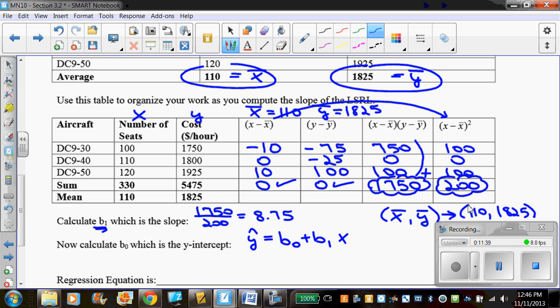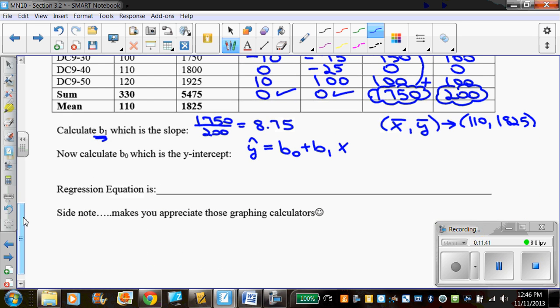Now, not very different from what you've learned in algebra. I'm going to take this 8.75, which is my slope, and put it in for slope. And then I need to pick one point on the line to solve for my y-intercept. Oh, this point of averages is on the line. Why? Because that is one of the properties.